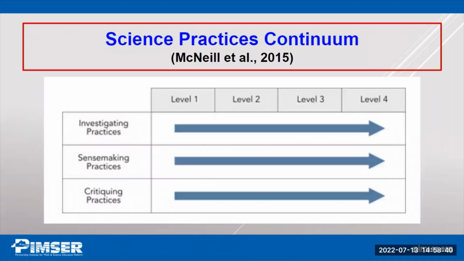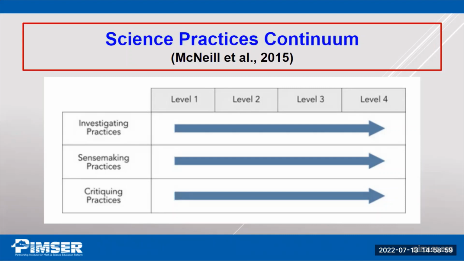After Kate McNeil and her colleagues grouped the science practices in the diagram that we reviewed earlier, they started looking at how each practice could be broken down into levels of sophistication as a way to guide and evaluate student and teacher use of the practice on a continuum of complexity.